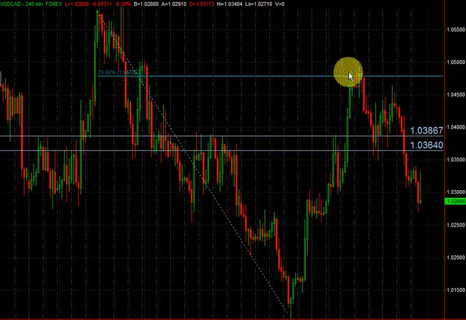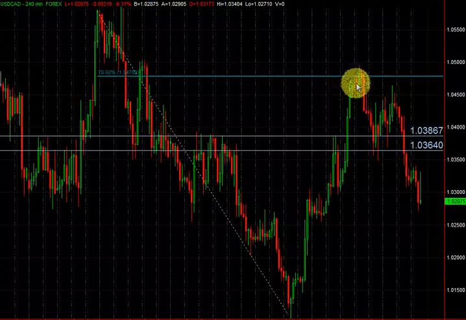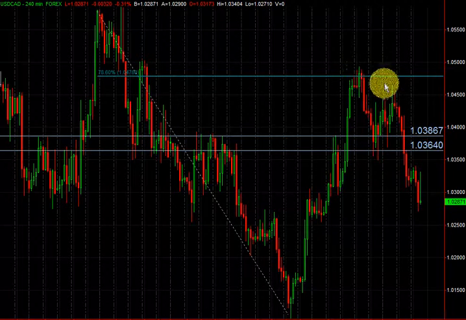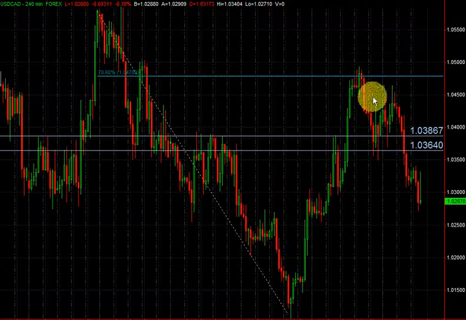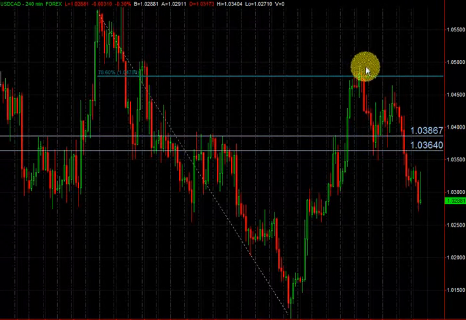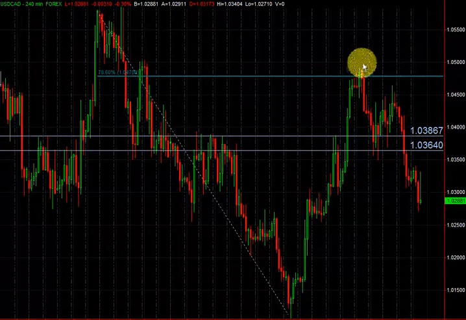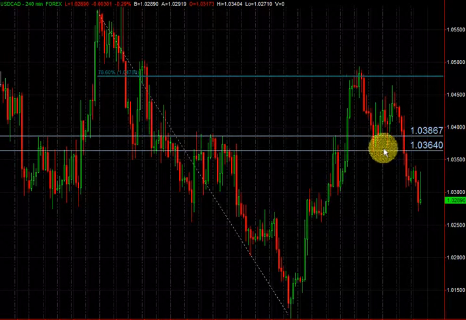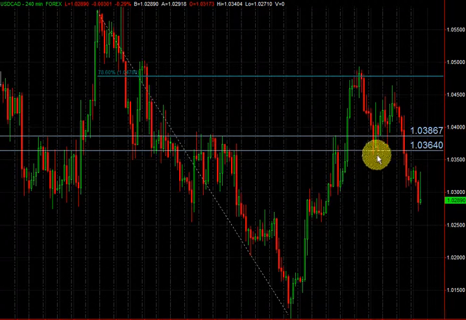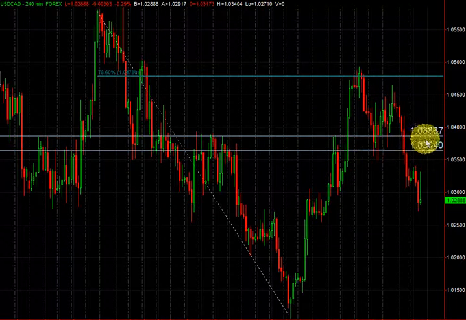It created what's known as a 123 top, wherein this is 1, 2, 3. The number 3 point tries to break the number 1 high, but it fails to do that, and it closes below the neckline, the number 2 point, and the number 2 level is at 1.0364.